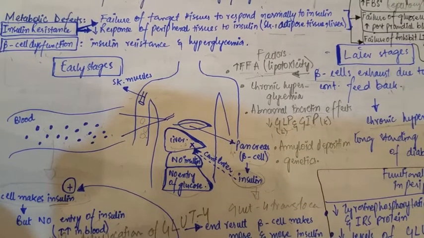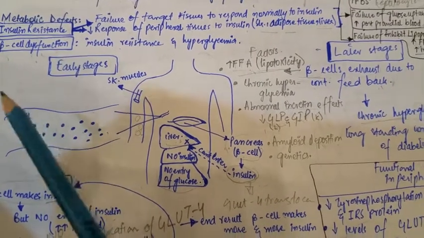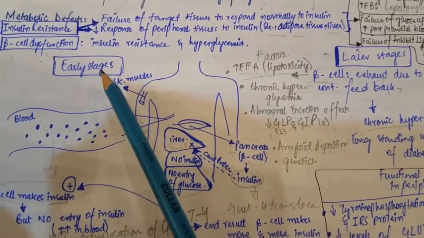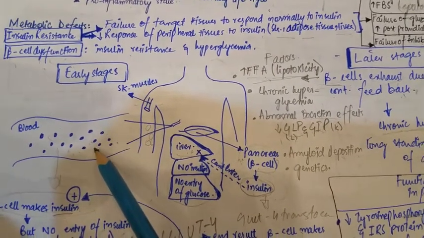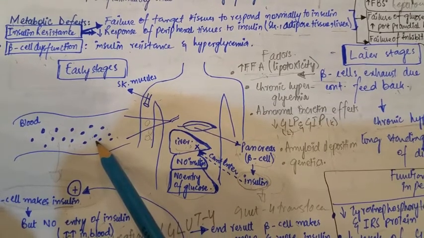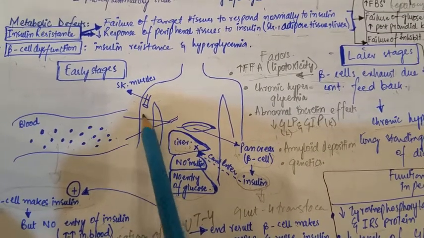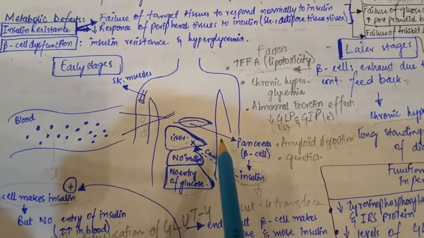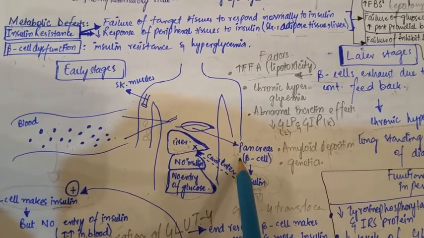How is insulin resistance linked with beta cell dysfunction? In the earlier stages of development of type 2 diabetes mellitus, when the glucose level increases in the blood, it stimulates the beta cells to secrete insulin, because the main stimulus for the secretion of insulin is glucose itself.